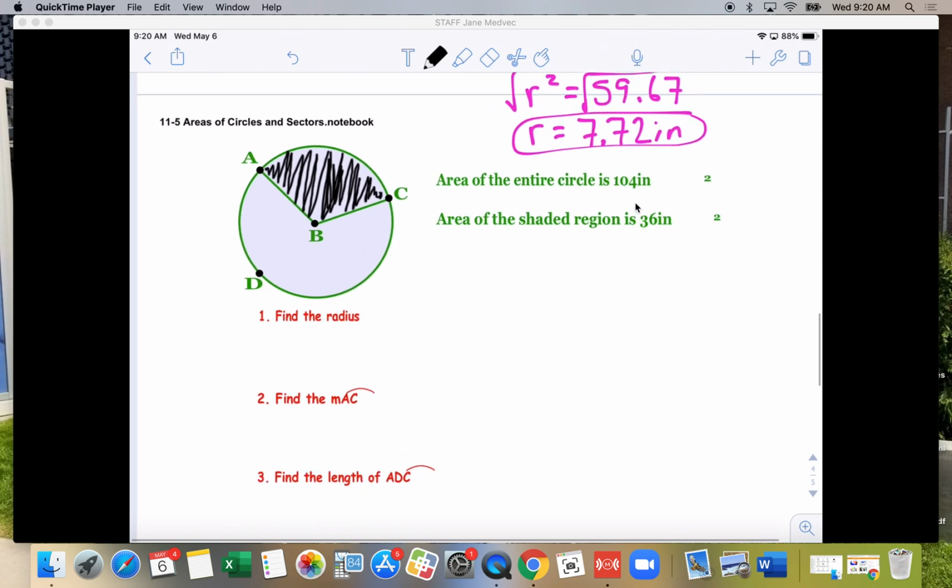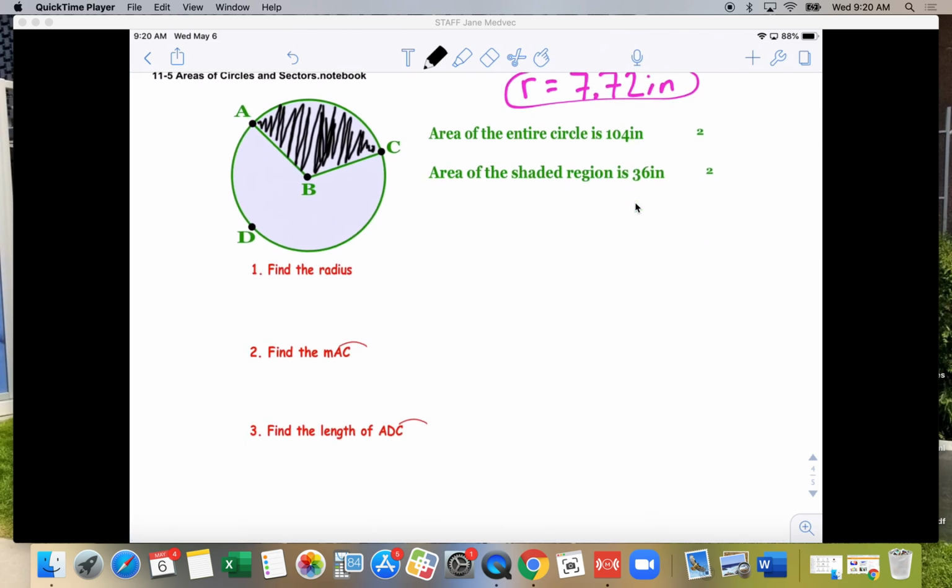All right, let's go ahead and look at this final group of questions. This is one that you're going to find on your test. You're going to notice that they give you the entire circle area, and then they also give you the area of the shaded region, and they want you to find the radius.